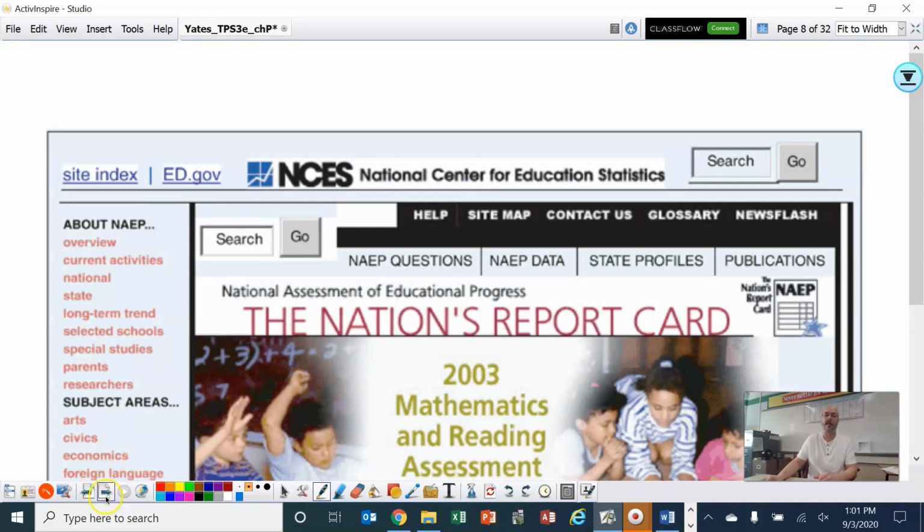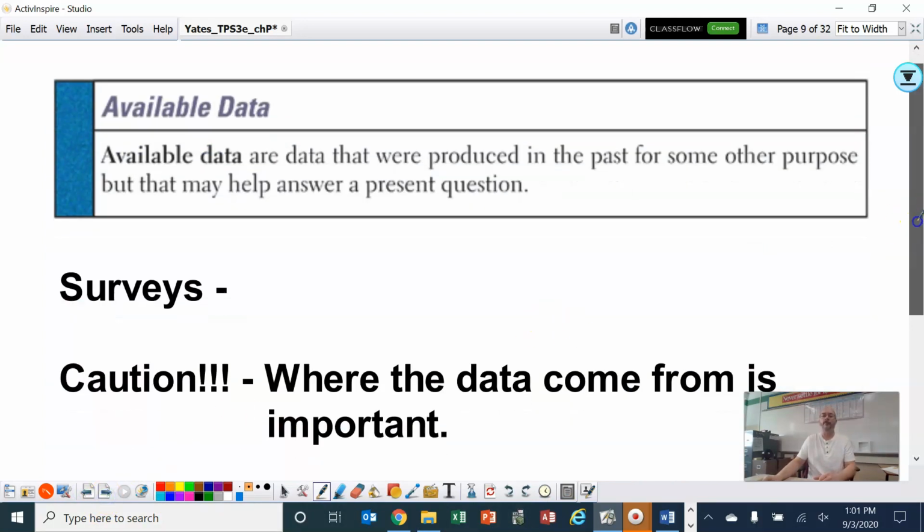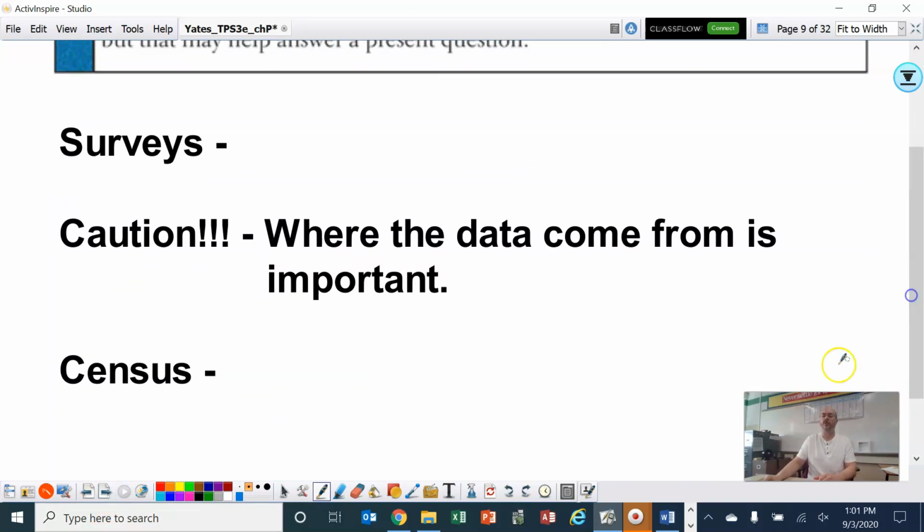That's available data. All right, surveys. Okay, you know what a survey is, right? Okay, again, you're going to find this in your book. Okay, if you wanted to give a survey at school, would you ask everybody? No, you wouldn't call it a survey if it was everybody in the school. Okay, that would be a census.